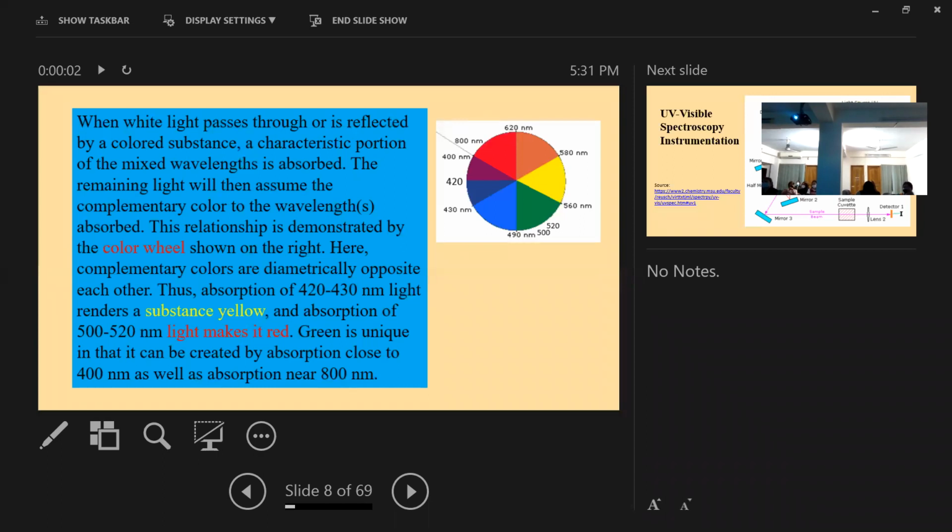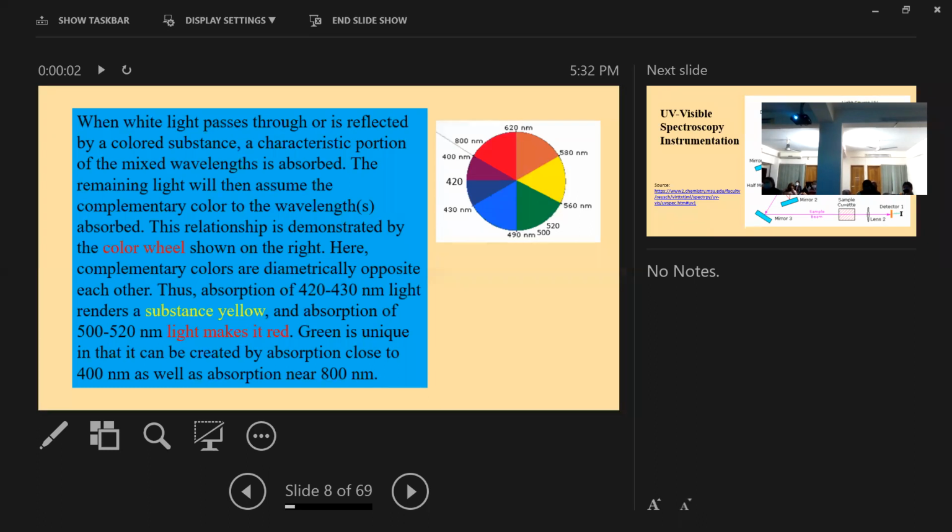Look from here to here, and go to the opposite side, and you will see yellow. So if any material absorbs light between 420 to 430, then you will see that substance as yellow.